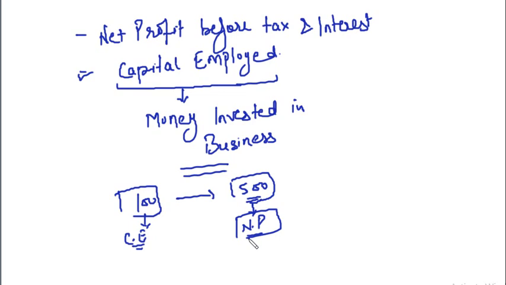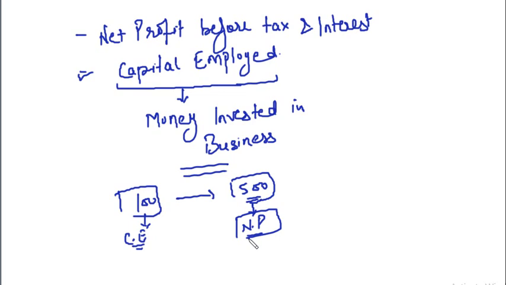So capital employed is the money invested in the business. How much money you have invested in the business. Very simple. Clear? And by investing that money, how much profit you are earning. This ratio explains that by investing 100 rupees, you are earning a profit of 500 rupees.